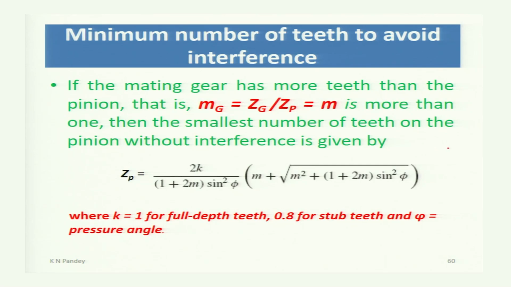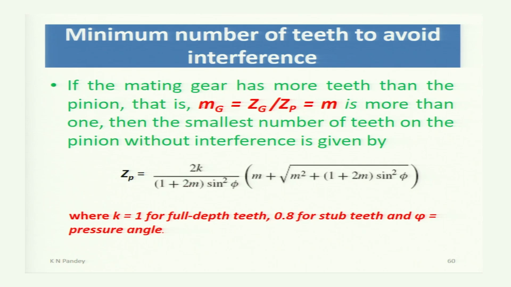Now, if the mating gear has more teeth than the pinion, that is mg, equal to the number of teeth on the gear divided by the number of teeth on the pinion, is m, more than 1, then the smallest number of teeth on the pinion without interference is given by this formula. Zp is equal to 2k, where k is equal to 1 for full depth teeth and 0.8 for stub teeth, and phi is the pressure angle, divided by (1 plus m).